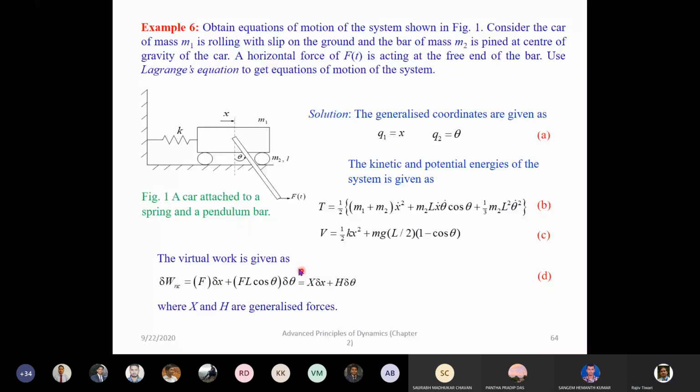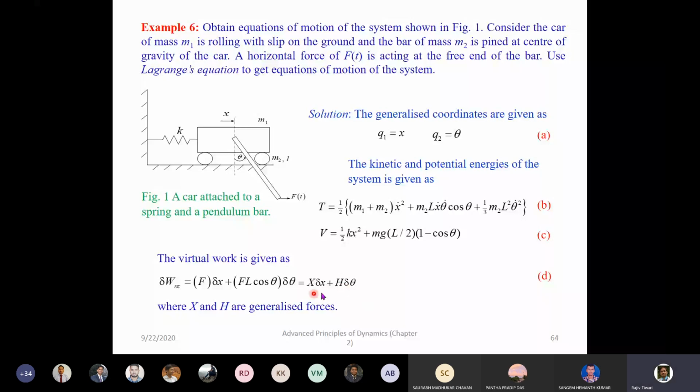So this is the force into the displacement of this particular point, which will be x plus L sine theta, and if we take the variation, we will get this. I have written it like this: variation of small x and h variation of theta.